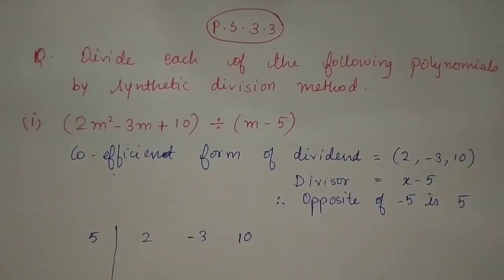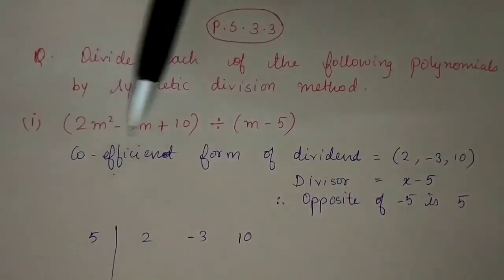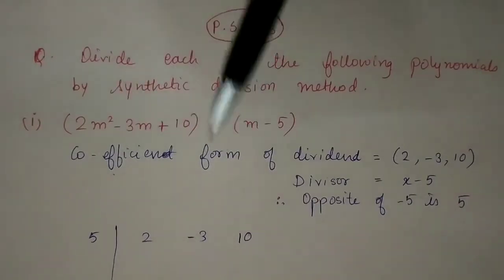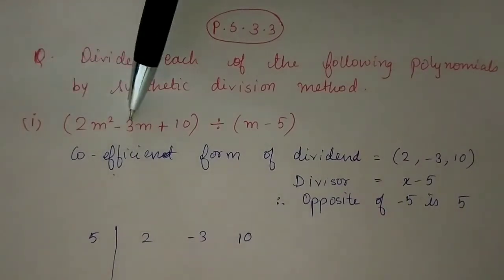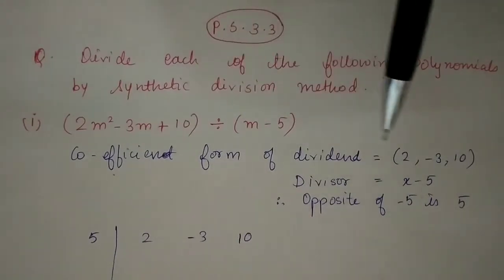Second step, you will write down the coefficient form of the dividend. This is the dividend, so its coefficient form we are going to write down. We have done this in the 3.1 exercise. How do we write it in the coefficient form? We put brackets and write down these numbers 2, -3 and 10. These are the coefficients. Okay, so that is the coefficient form of the dividend.